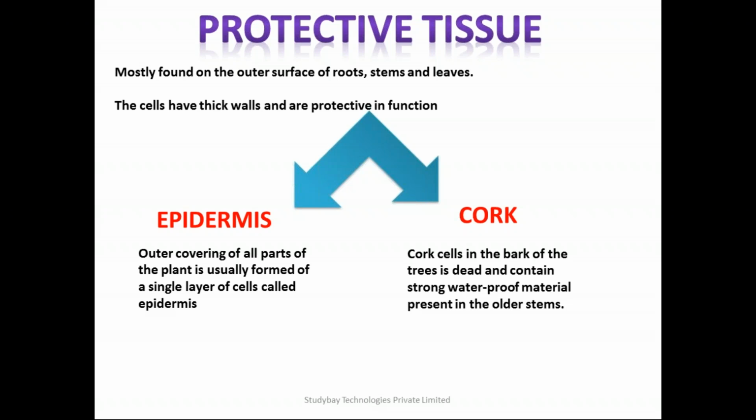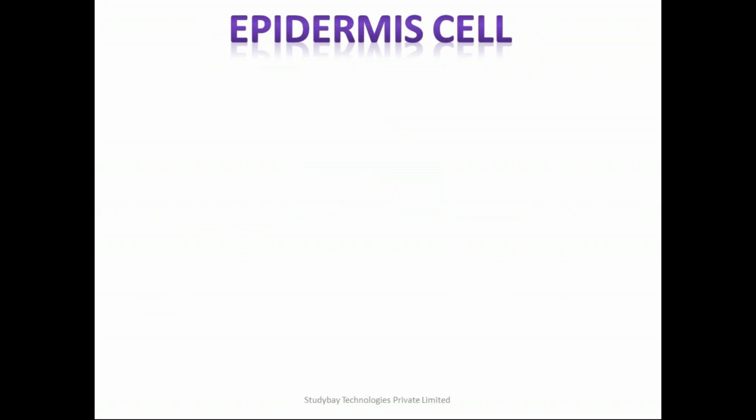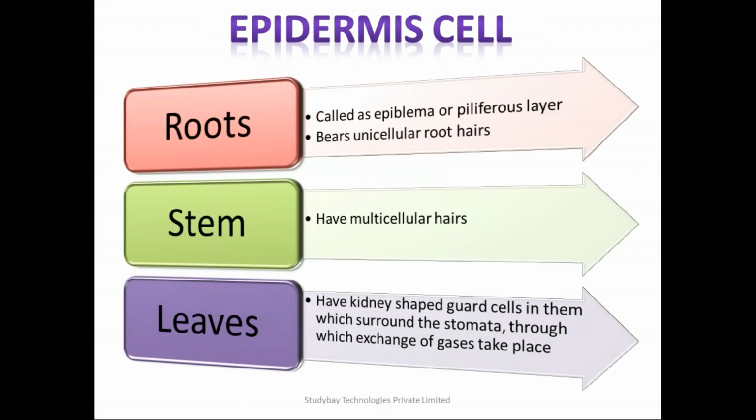Okay, moving ahead with the epidermis cells. Epidermis cells may be present in root, in stems, or in leaves. In the case of roots, these are called epiblema or piliferous layer, and they bear unicellular root hair.